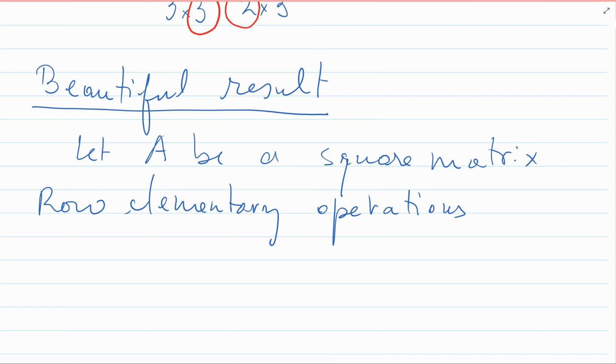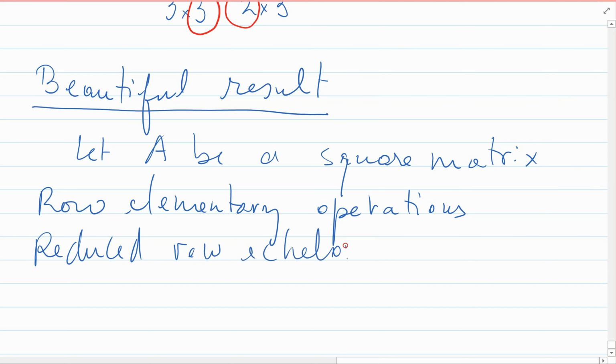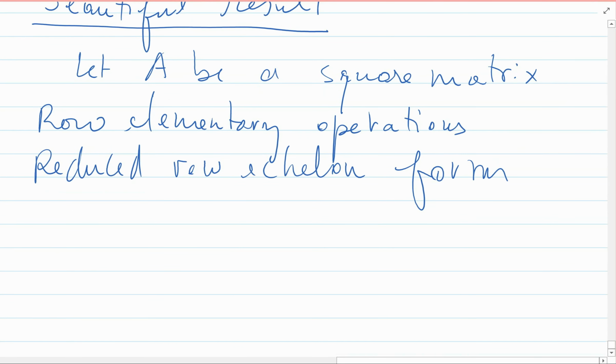Then we can go down to get the row echelon form, but I don't want that. I want to go up also to get the reduced row echelon form. So remember, the first non-zero entry on any row is 1, and above it and below it are all zeros.